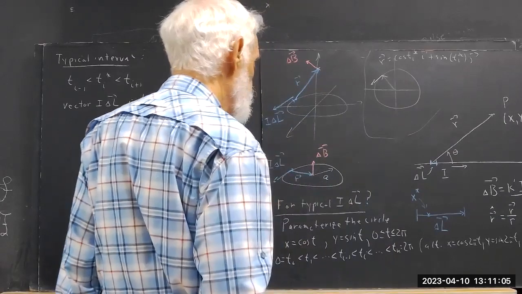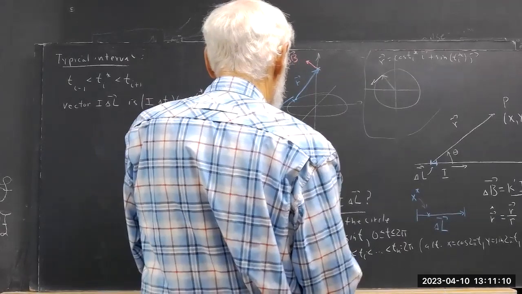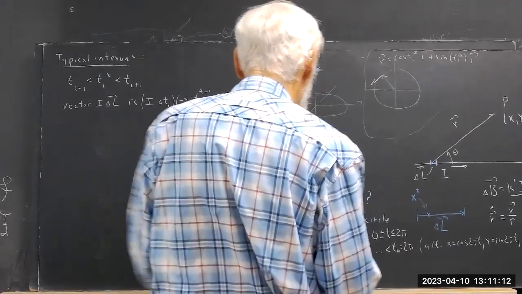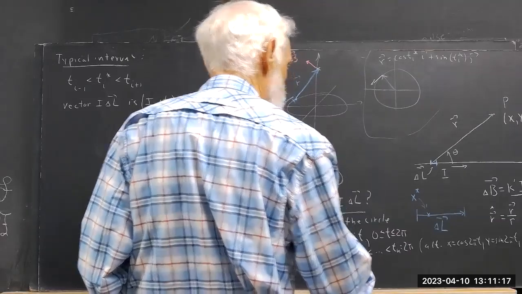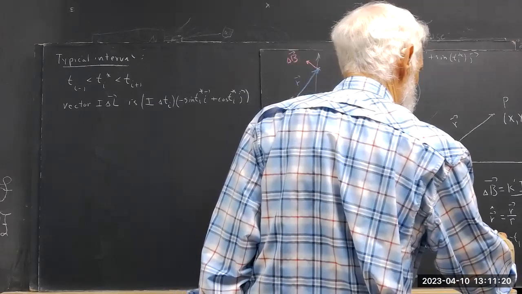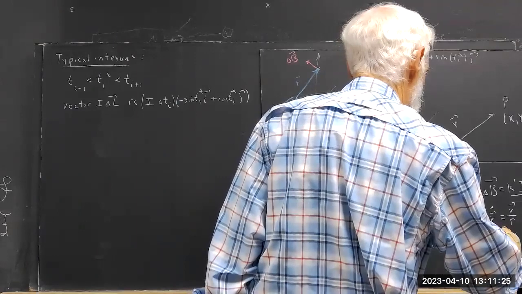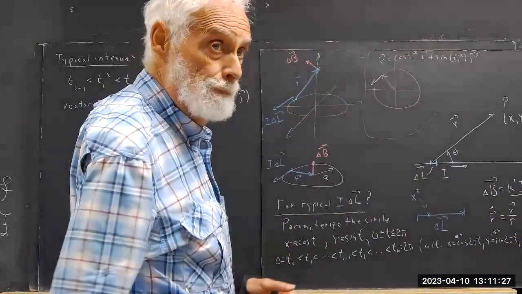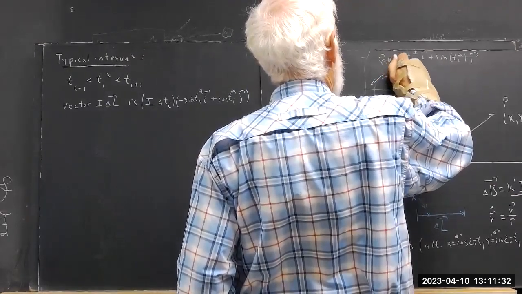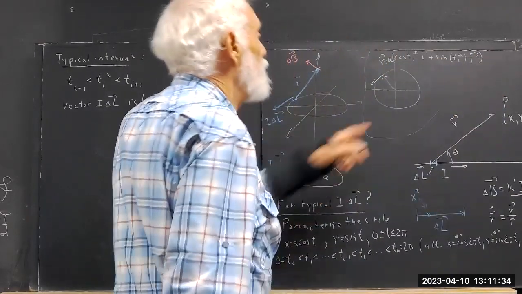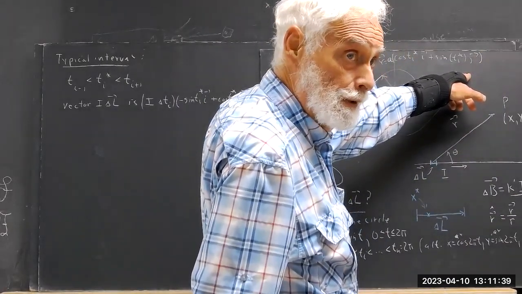It has radius a. Over here you have an a, over here you have an a. In any case, the direction is the direction of cosine t_i star i plus sine t_i star j.